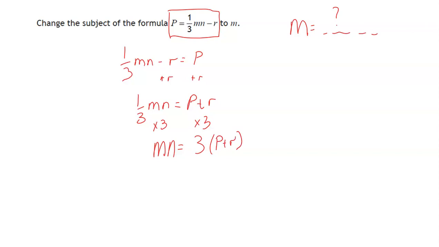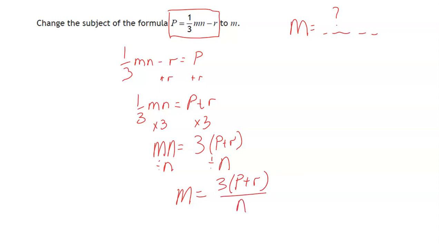Now don't be afraid to leave it as a bracket here. If you expand the bracket and have 3p plus 3r, there's no issue with that at all. It means the exact same thing. We've then just got the n that we need to get rid of. So if I get rid of that by dividing both sides by n, what I'm going to end up with is that m is equal to 3 bracket p plus r all over n.